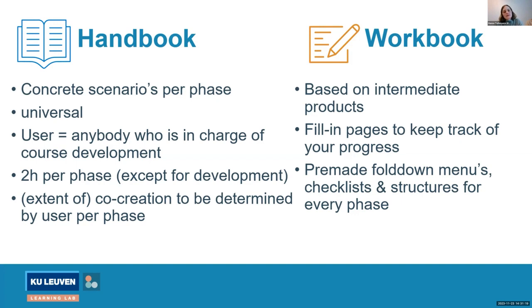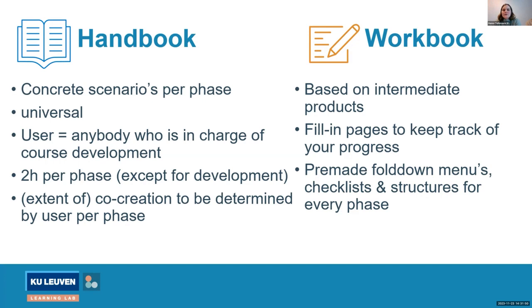For one step, it would be more useful to invite content experts. For other steps, it's more useful to look for people who are in the multimedia production field. So we give a lot of tools to go through every step as well as possible.